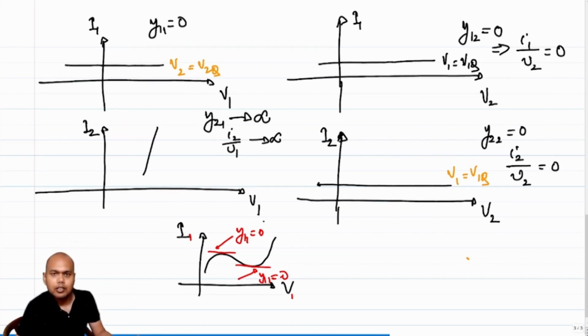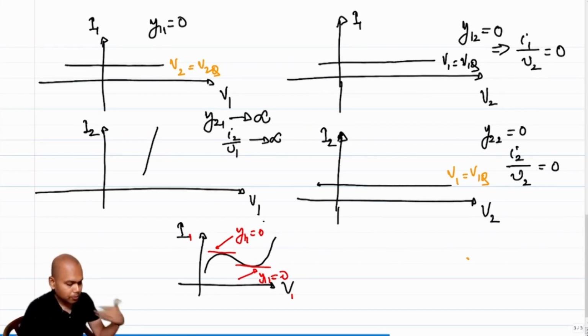Note that the 4 characteristics that I have drawn did not necessarily have to be the only possible solution, right? There can be many other solutions also. Why?